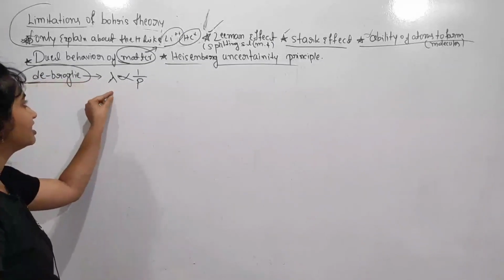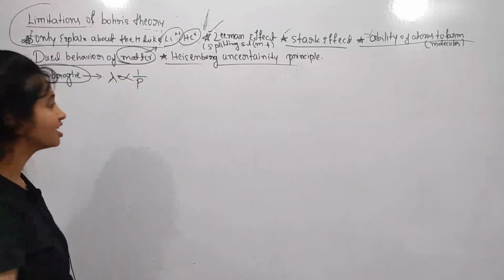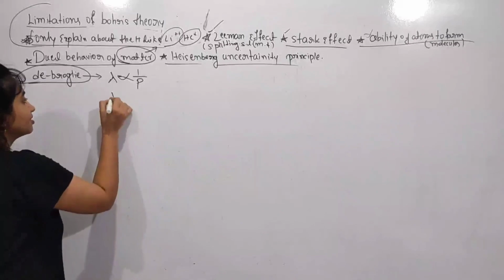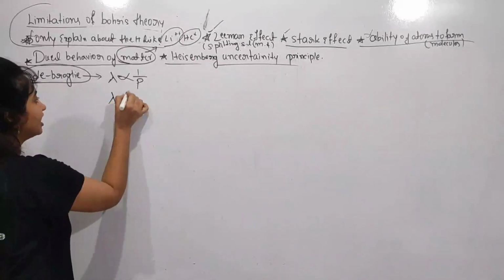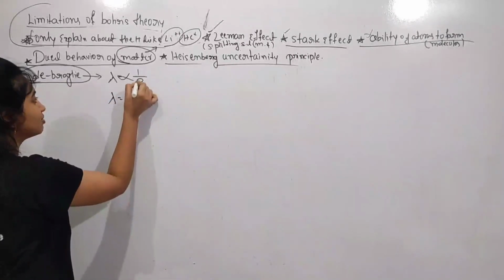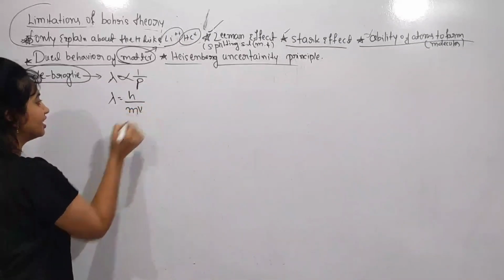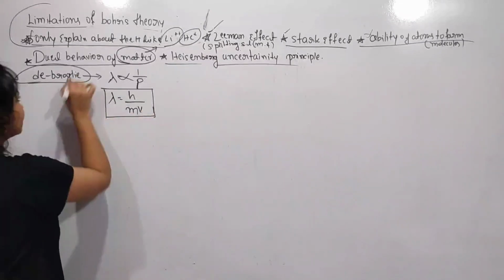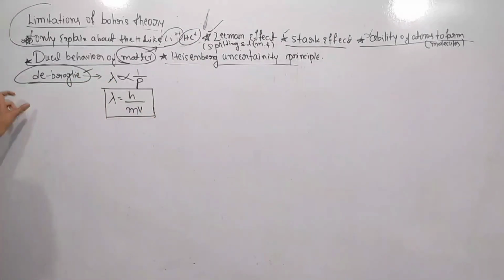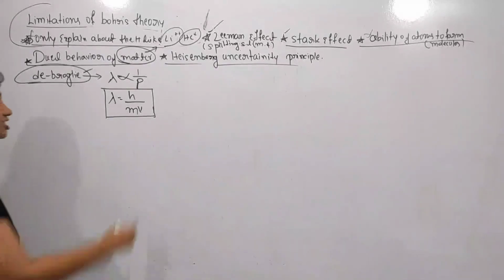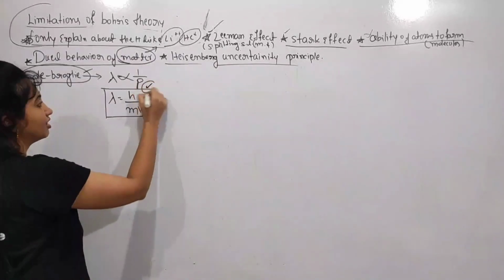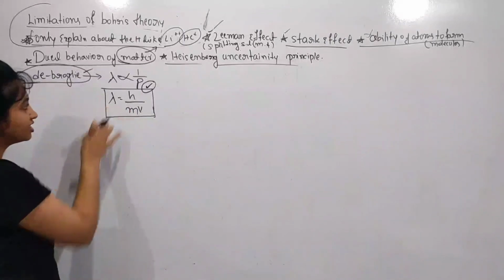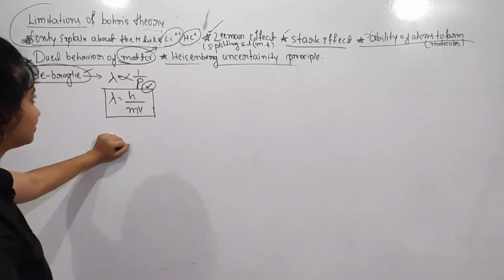The wavelength is inversely proportional to the momentum. I can write λ = h/p, where momentum is mass into velocity. This is the de Broglie equation, given regarding the dual behavior of matter. Just remember it, because a lot of numericals are asked on this formula.